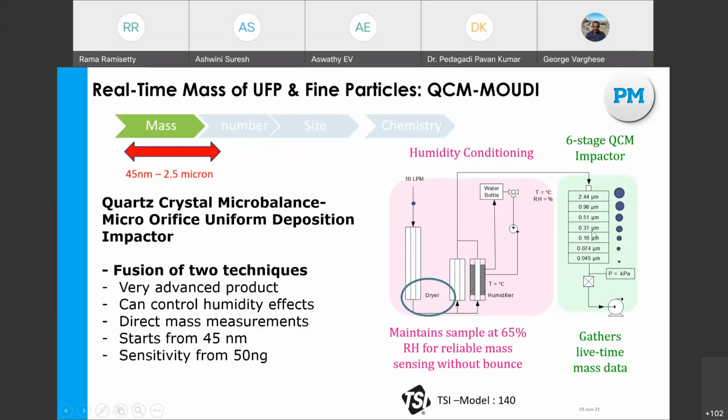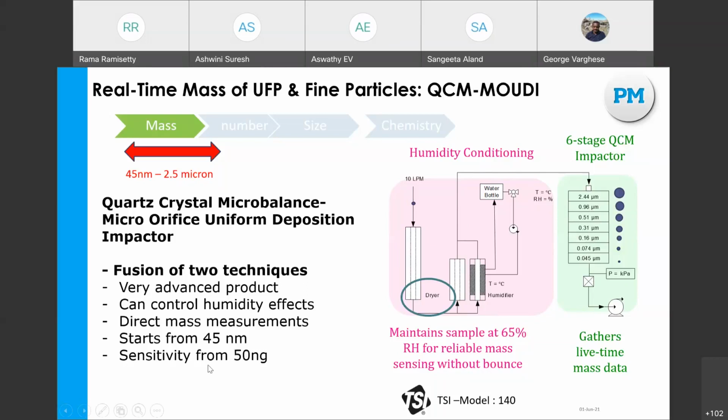In this MOUDI impactor, the bigger particles settle down first, then smaller particles, and then the smallest particles on the bottom. This is one of the best techniques for ultrafine and fine particle mass measurements.